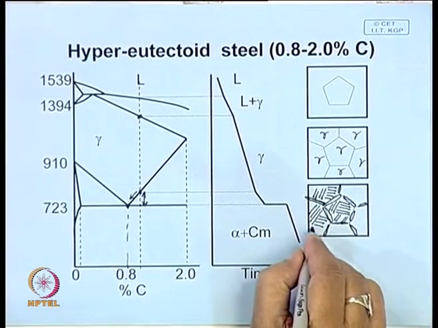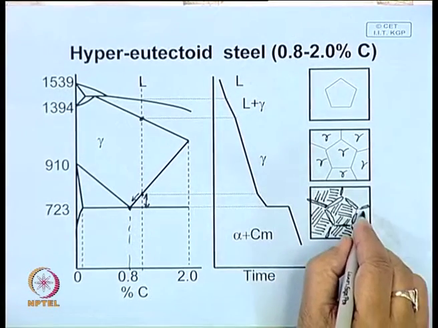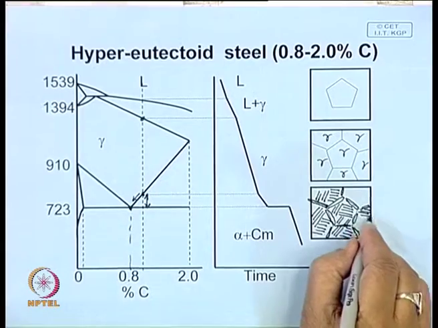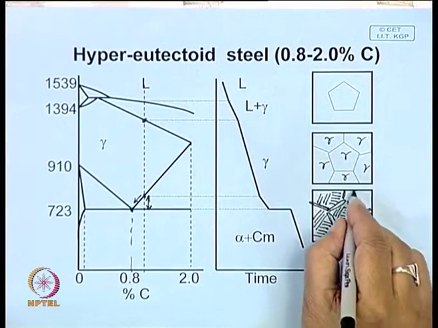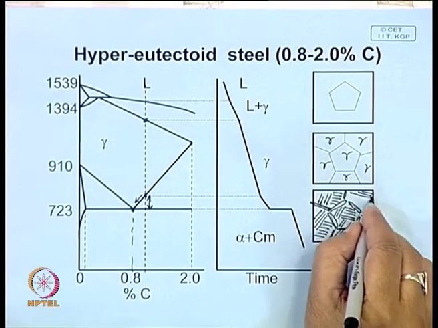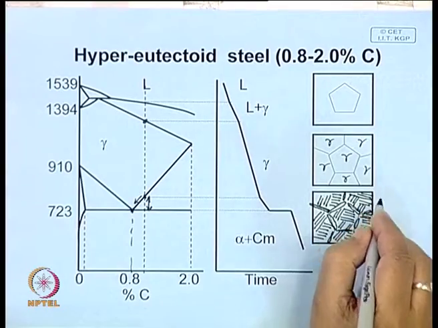You will have a network, you will have a pearlitic region. Pearlite is not a phase, it is an intimate mixture of two phases, that is cementite and ferrite.